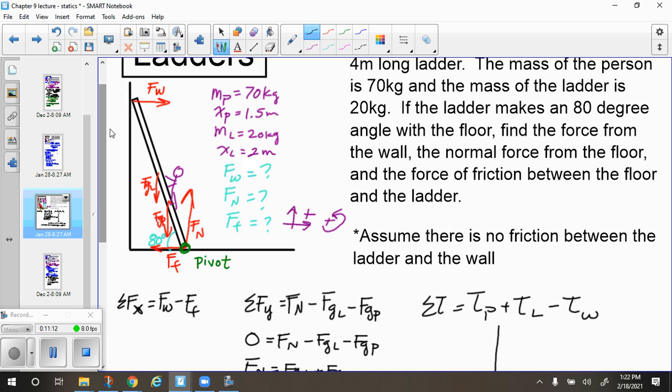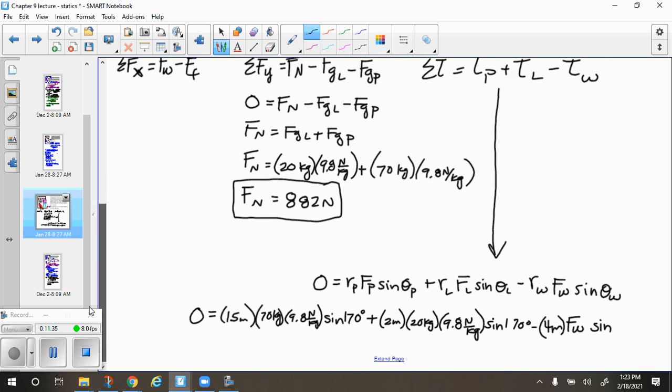The angle here is the angle between the radial arm and the force. The radius is here, it kind of extends that way. So you can either do 80 or you can do the true angle between the vectors, which would be 100. You'll get the same thing. I'm going to do the true angle between the vectors, the sine of 100.